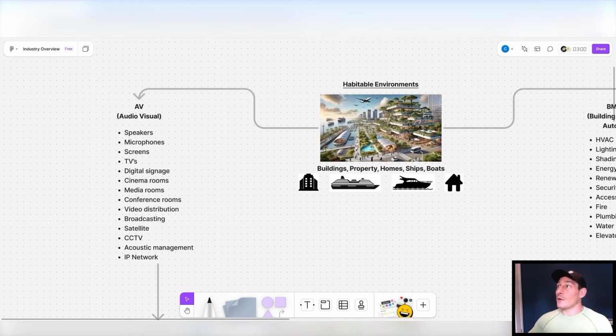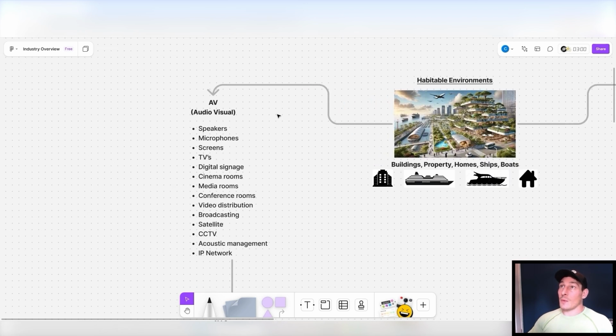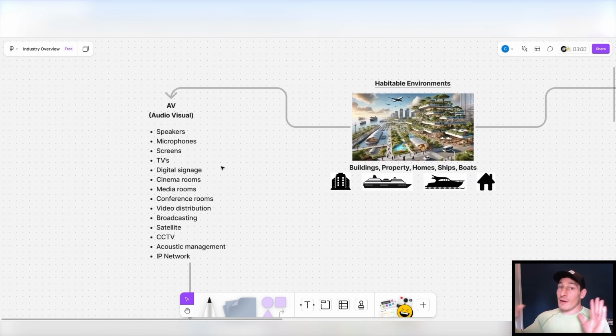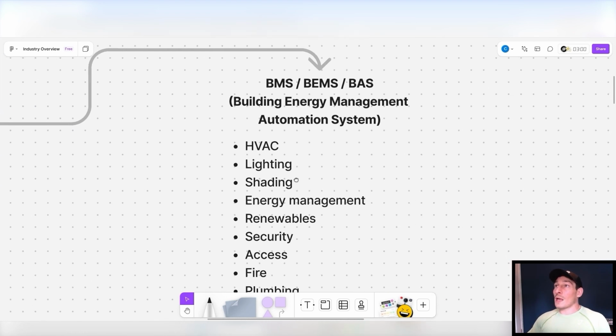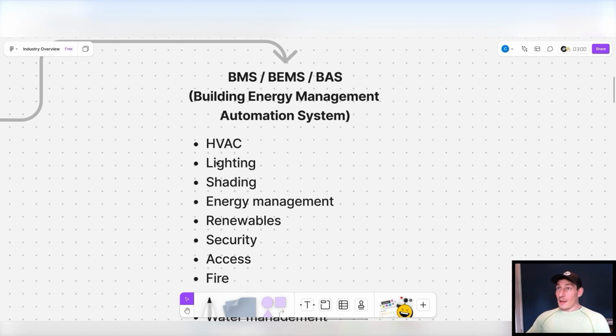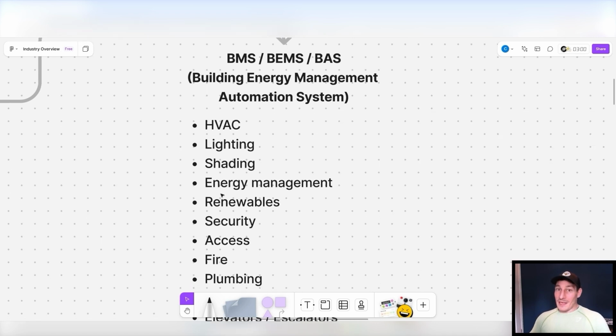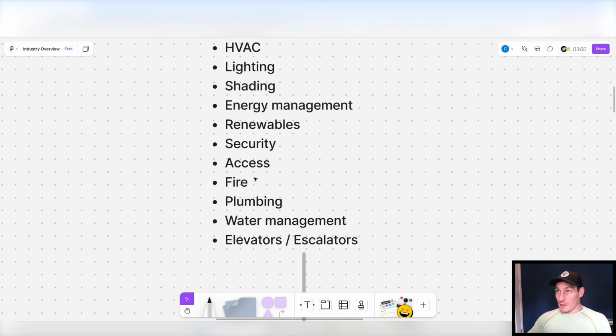You can do lighting, you can do some security and access with AV. So of course there is some crossover. I'm not saying that there isn't, but when we're talking about building management systems, building energy management systems, this is what we're talking about, because we're managing the building. These are all the subsystems that come under a building.